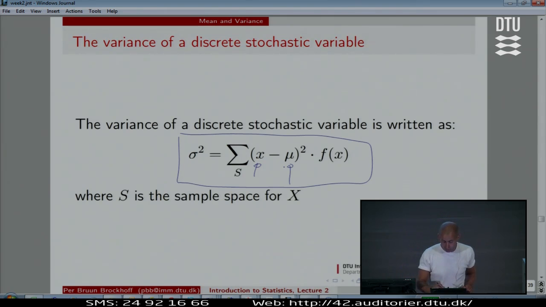Then we can square this, we can weigh with the probabilities, and we can add together. So this is a weighted mean of square deviances. That is the theoretical definition of a variance in a discrete system. So mean and variance exist not only as computational formulas for data, they exist as theoretical definitions in probability systems. That's pretty neat to have this going on, actually.